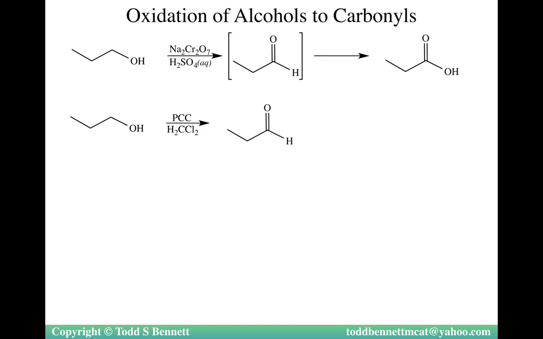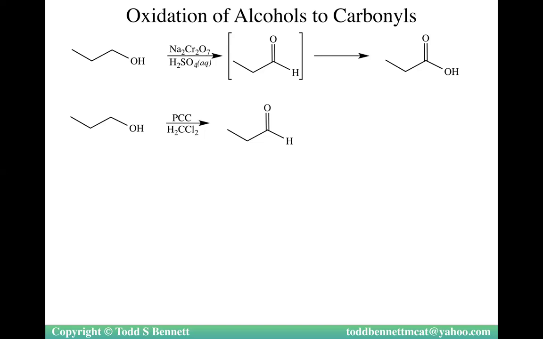When it does that, two things happen. Number one, it doesn't allow the chromium to interact in the way it wants to with the species being oxidized. Number two, it allows us to do the reaction in the absence of water. You need water there because you have to convert the carbonyl to a diol, which we haven't done yet, but if you have two OHs on a carbon, it is known as a diol, and specifically a geminal diol because they're both on the same carbon.